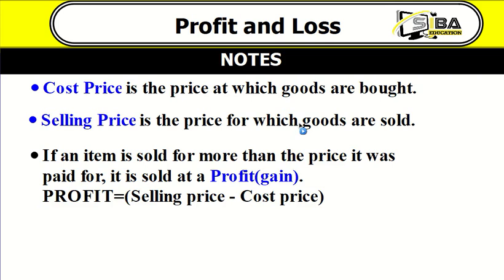If an item is sold for more than the price it was bought for, it means that the item was sold at a profit or a gain. Again, you bought a candy from a shop which cost about 2 cedis. You came back and you sold it at 3 cedis.